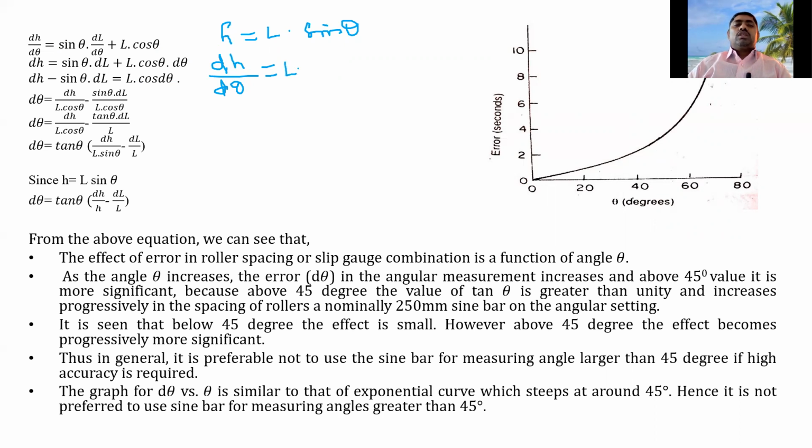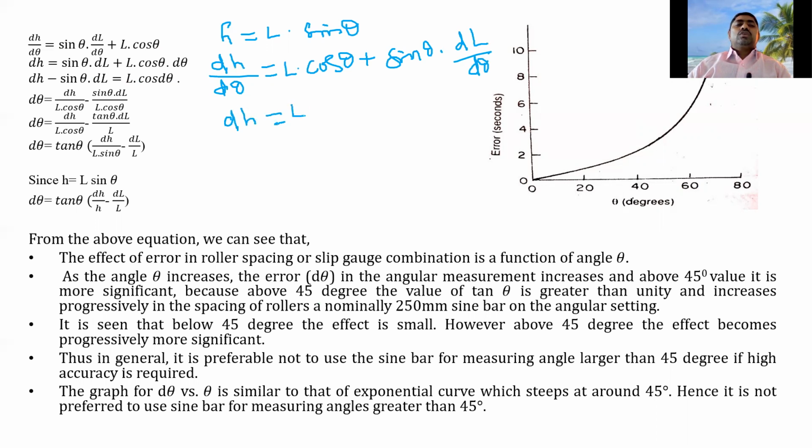If you keep L constant and differentiate sine theta with respect to theta, you will get cos theta, plus, keeping sine theta constant, the differentiation of L with respect to theta, dL by d theta.